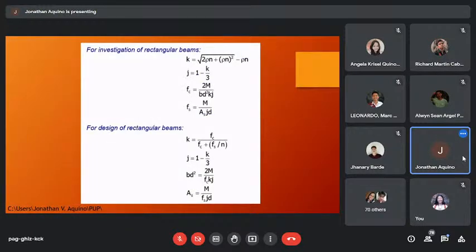Okay. So, this is just the review, the summary of the single reinforced rectangular beam.